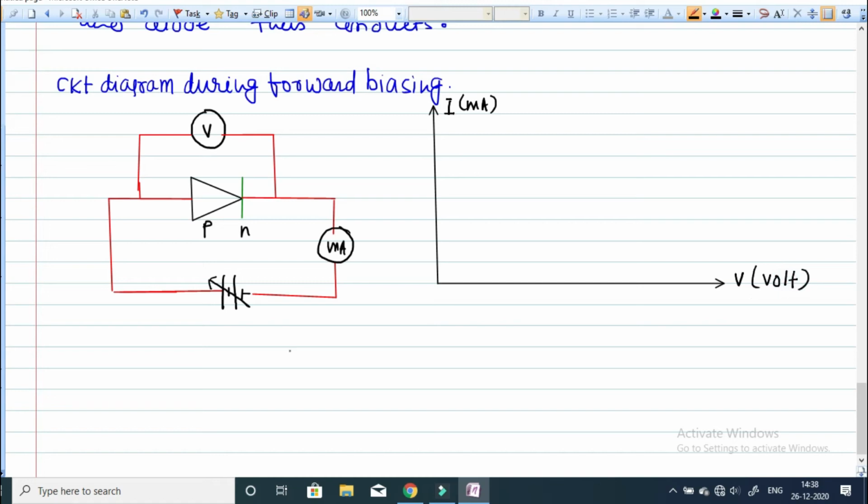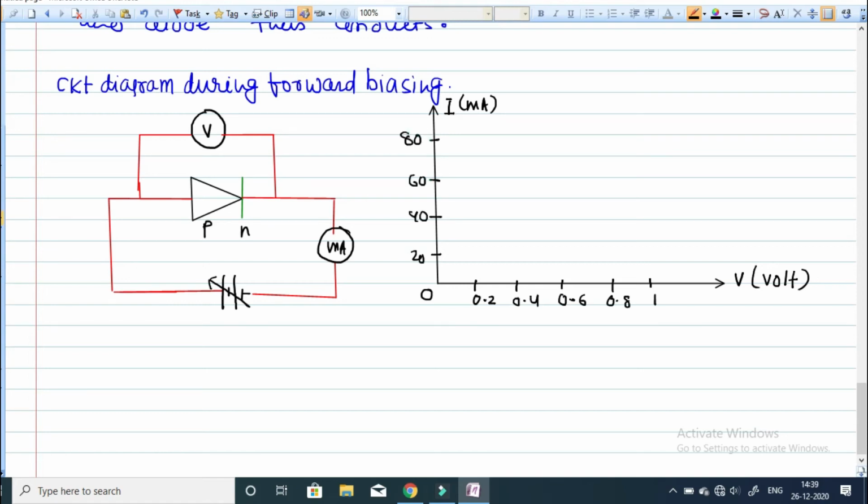Now we take the intervals: 0, 0.2, 0.4 volt, 0.6, 0.8, then 1 volt, and similarly for current we can take 20, 40, 60 and 80.